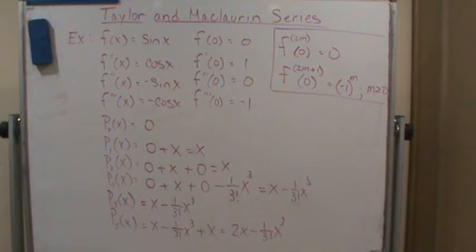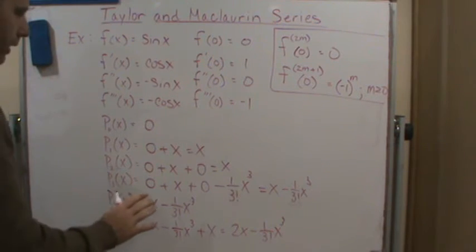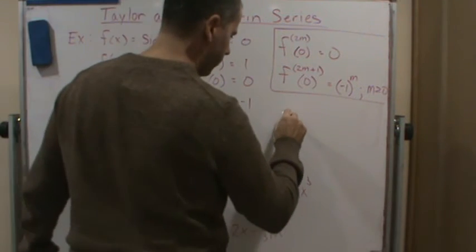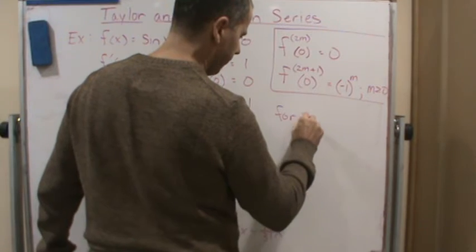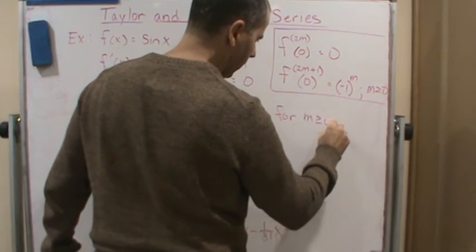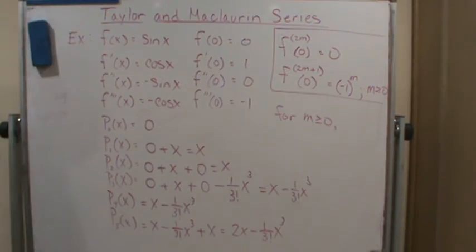And then, for m greater than or equal to 0, we see, okay, so let me write it over here. So for m greater than or equal to 0, what we have is this relationship.